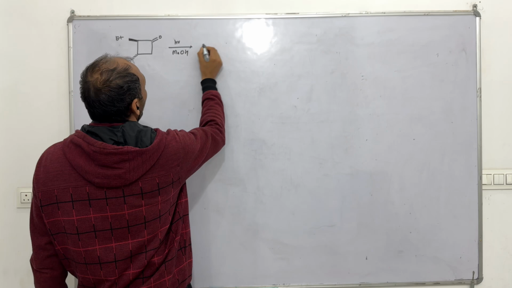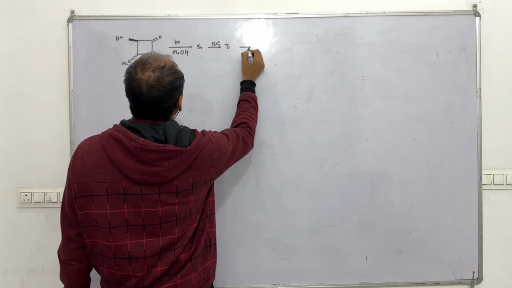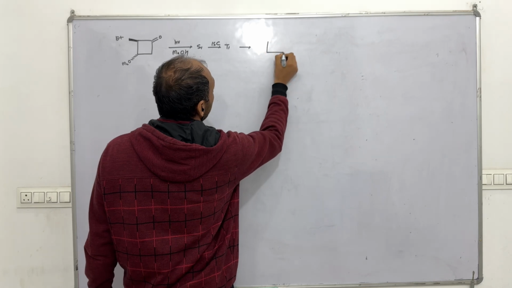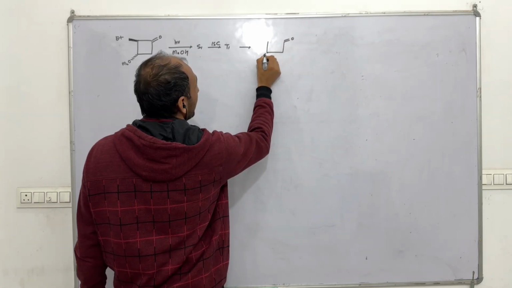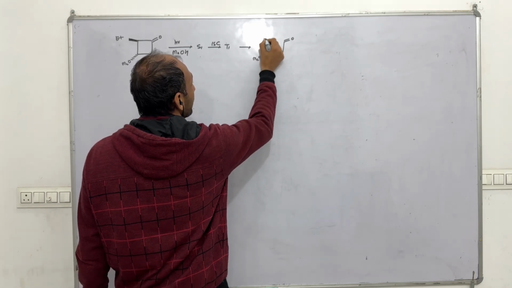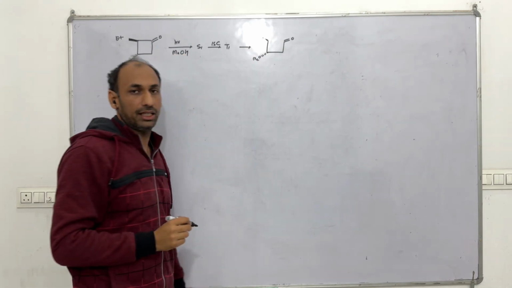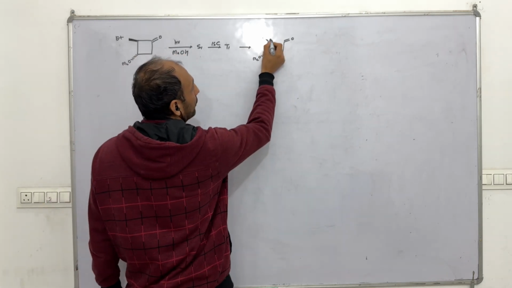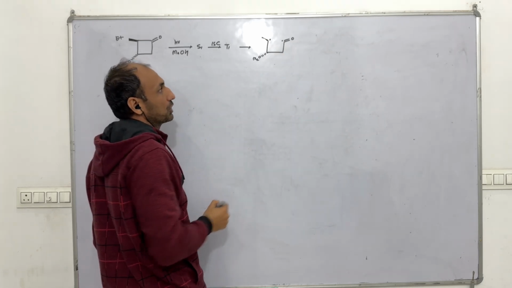The ring will open up, S1, ISC, T1, and then your ring will open up, OMe, and then you have ethyl. All right, so you have one radical at this position, the other radical at this position.